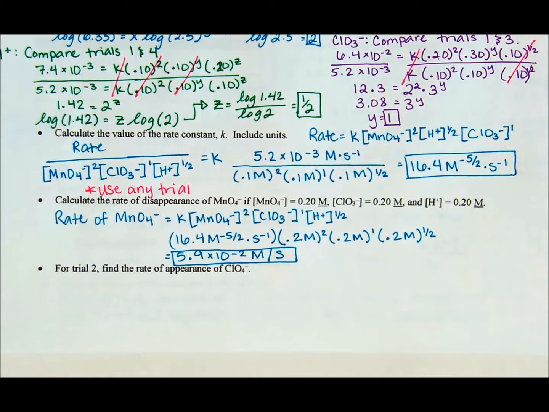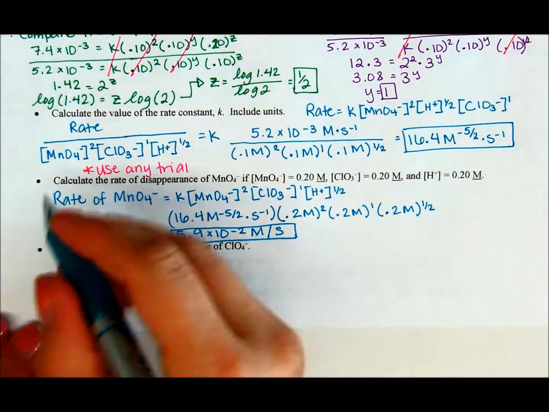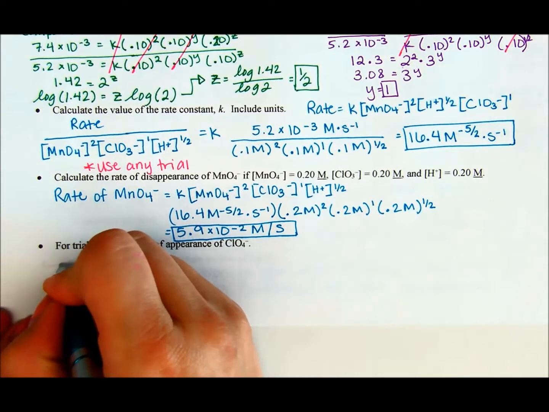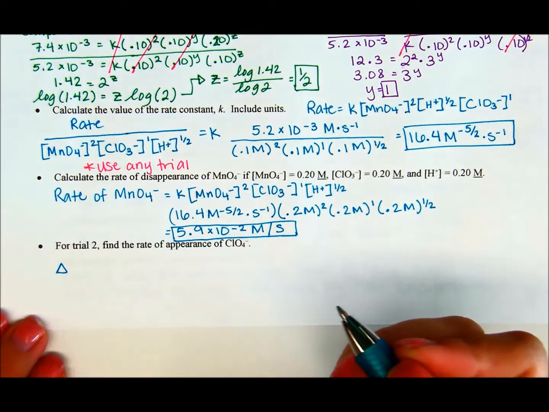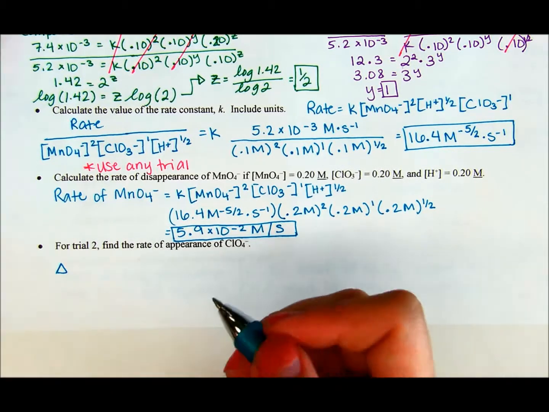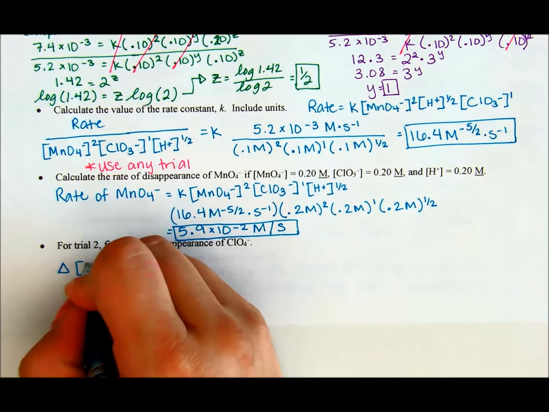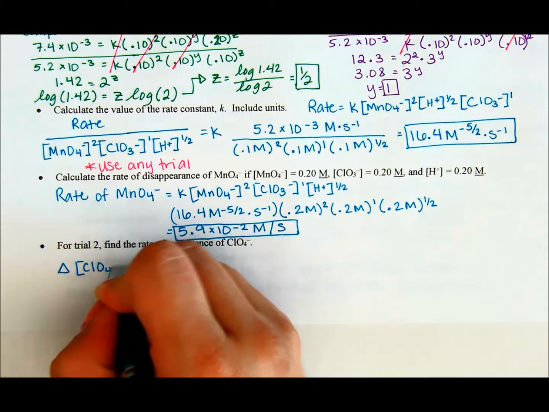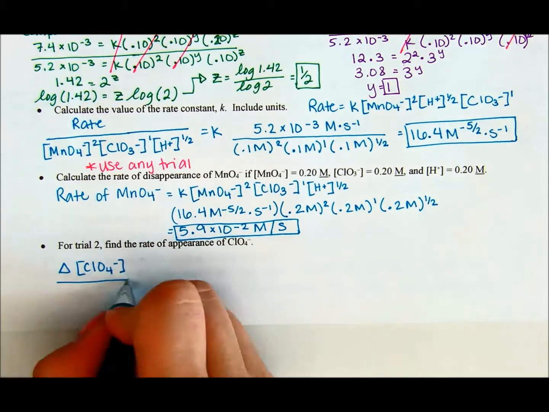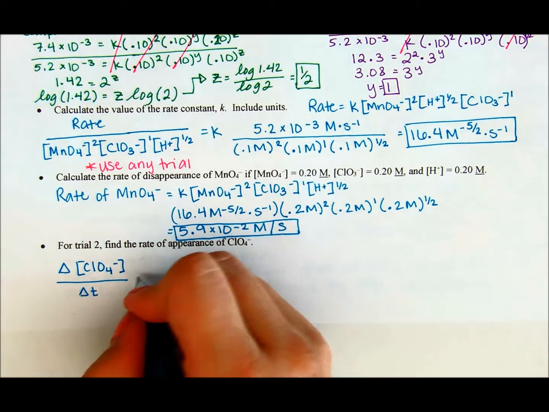Okay, lastly, for trial 2, find the rate of appearance of ClO4 minus. Alright, so the rate of appearance, we're going to use our change in concentration over time here. We don't need to use our rate law for this. So the change in ClO4 minus over the change in time.